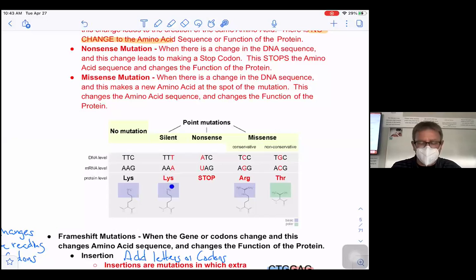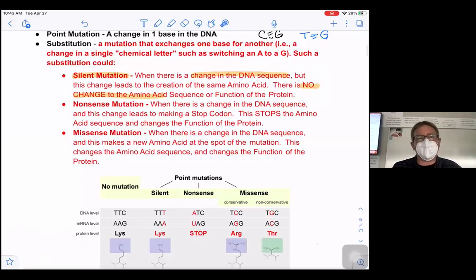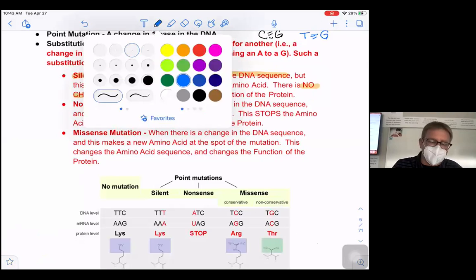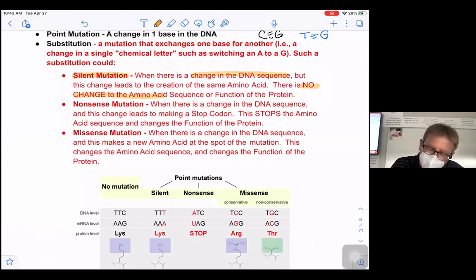So there's no change in the expression, but there is a change in the letter. There still is a mutation, but there's no change in the amino acid sequence.